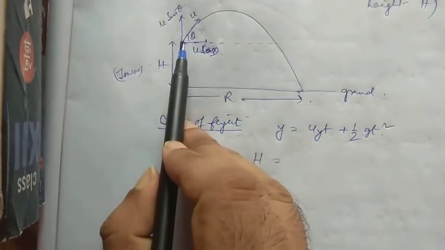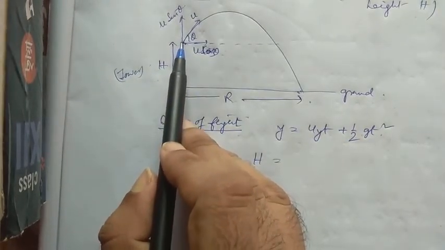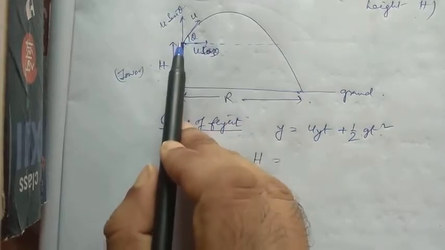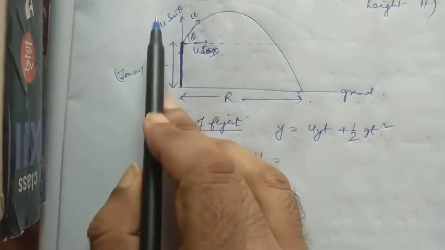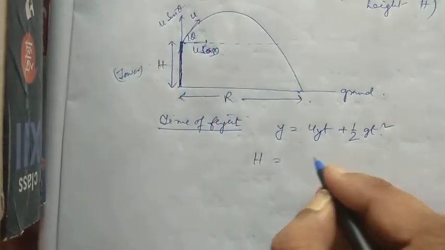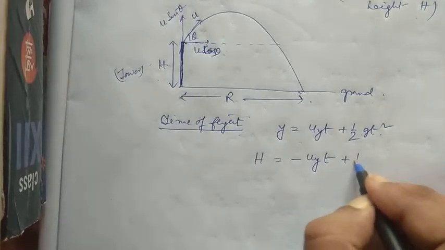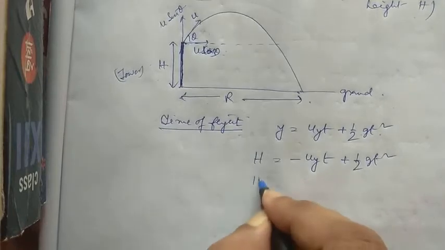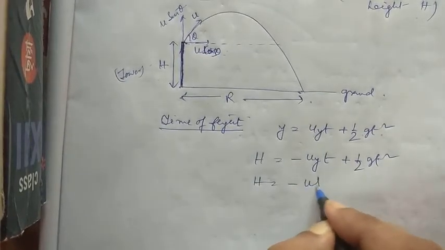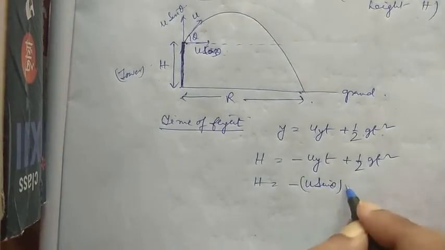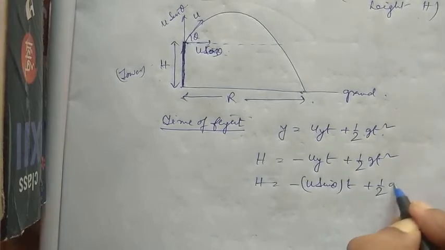Now uy, the initial velocity of the projectile was upwards, that is u sin theta. So we replace it as minus uy t plus half g t square, or h is equal to minus u sin theta t plus half g t square.